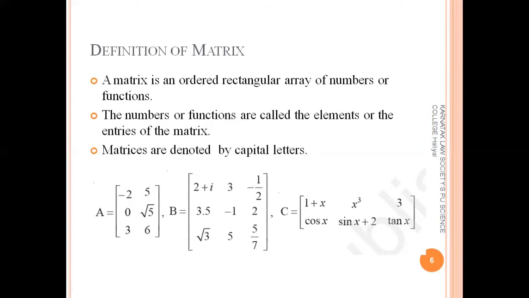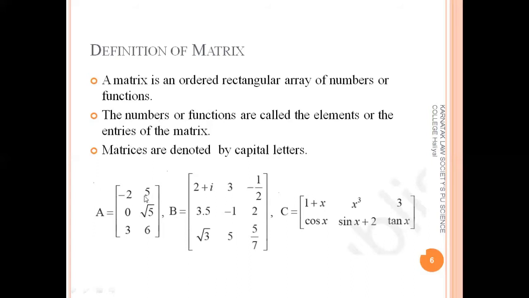Here, the first example is denoted by A, the second example is denoted by B and the third example is denoted by C. Likewise, we always use uppercase letters for matrices, and the elements inside the matrix, that is 2, -2, 5, 0, √5, 3, 6 in the first example, are called entries or elements of the matrix.